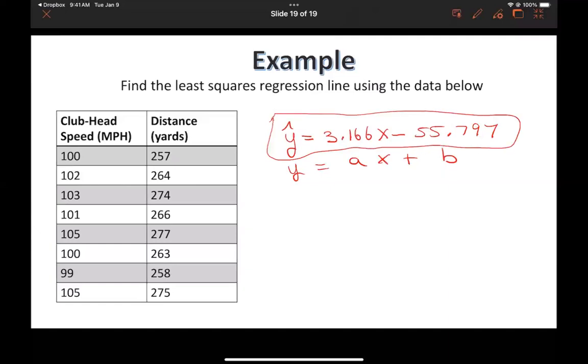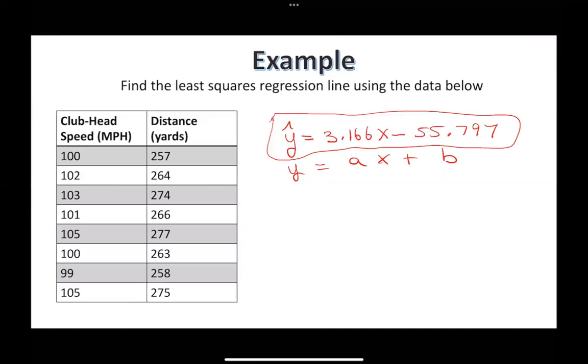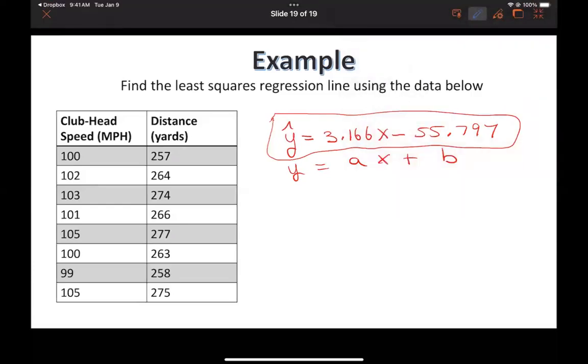But if I said, use your least squares regression line to determine how far a ball would go if our club head speed was 104 miles per hour, then I would be plugging 104 in for X. So I would do this, and then plug that whole thing into my calculator and get a value.